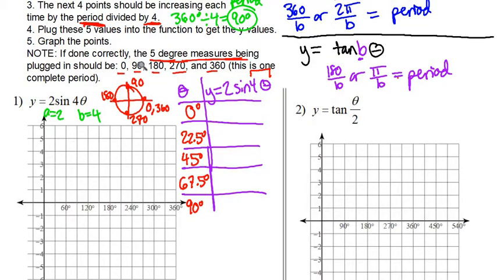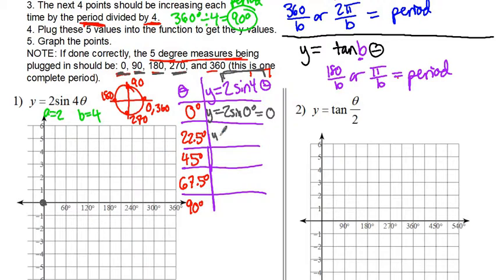So here's the important thing to keep in mind. If we chose our points correctly, if 22.5, 45, 67.5 are correct, then these numbers right here, 0, 90, 180, should end up getting plugged into this function. So let's verify that. y equals 2 times sine of 4 times 0, which is 0. The sine of 0 is equal to 0, so we have a point at 0, 0.